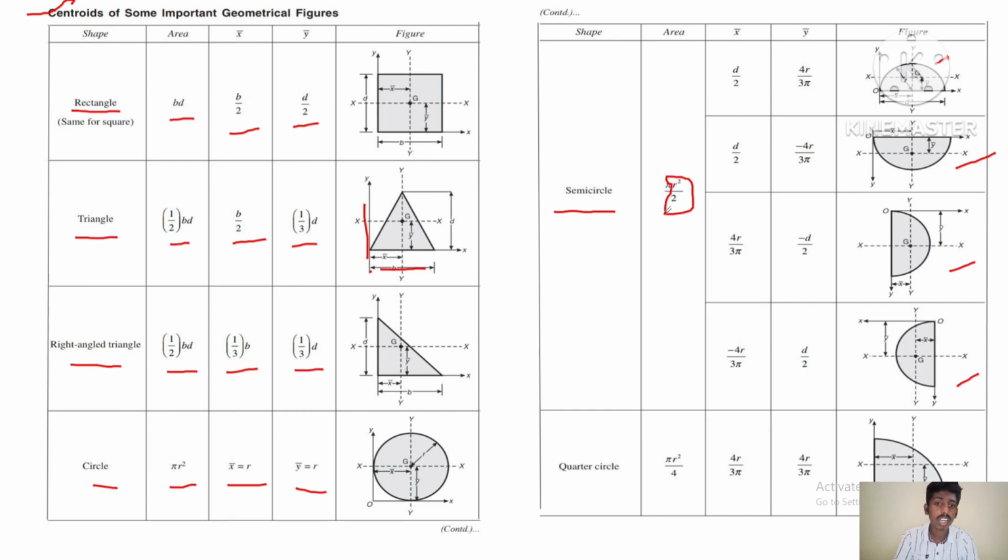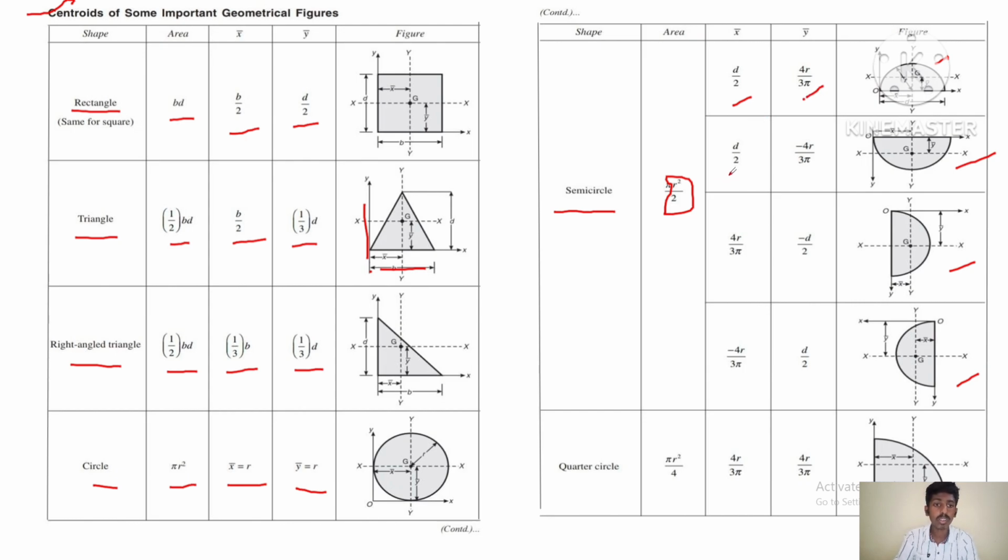It is half of the area of a circle, pi r square by 2. For a semicircle above the x-axis, the x distance is half of the depth and the y distance is 4 times its radius divided by 3 times pi.